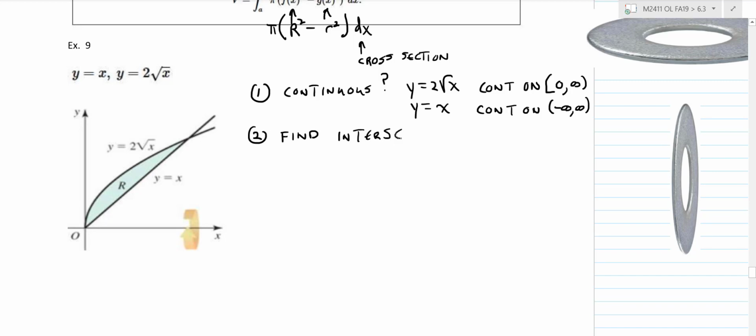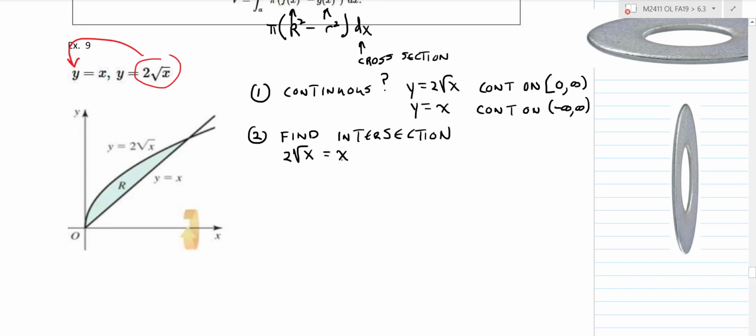So with this problem, you'll need to set those functions equal to each other to find the intersection. Okay, so basically what I just do is this. I can just replace, and it doesn't matter which way I do this. I'm just going to plug that in there. So I get the equation, 2 root x equals x.